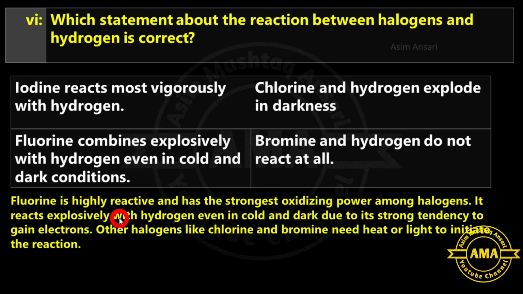There, fluorine is highly reactive and has the strongest oxidizing power among halogens. It reacts explosively with hydrogen even in cold and dark due to its strong tendency to gain electrons. Other halogens like chlorine and bromine need heat or light to initiate the reaction. So C option, fluorine combines explosively with hydrogen, is correct.